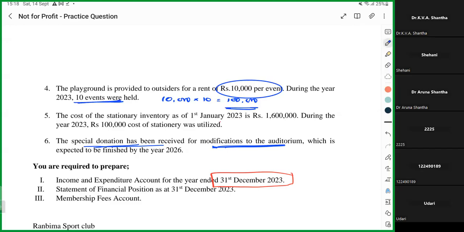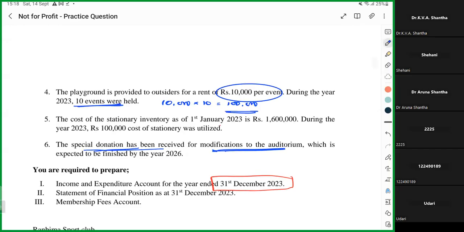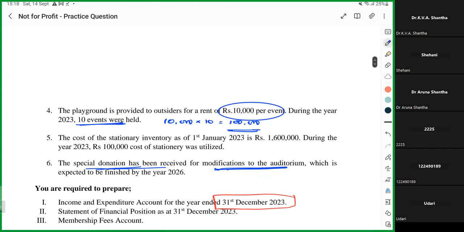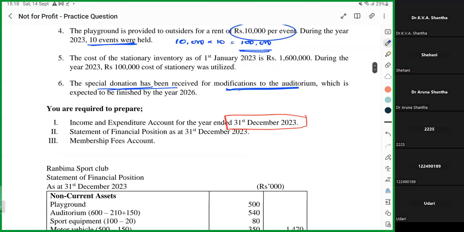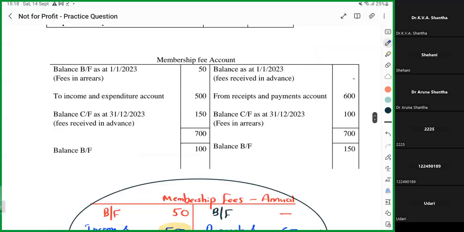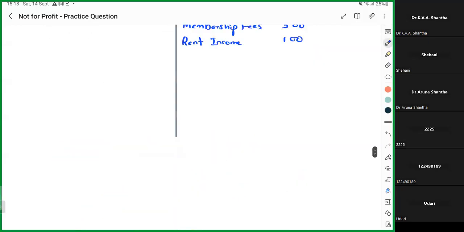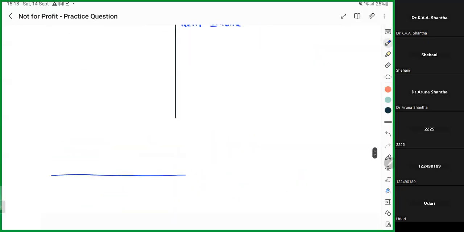So what you do is you take it to a separate account as a fund, for example, auditorium modification fund. You take this special donation to a separate account.